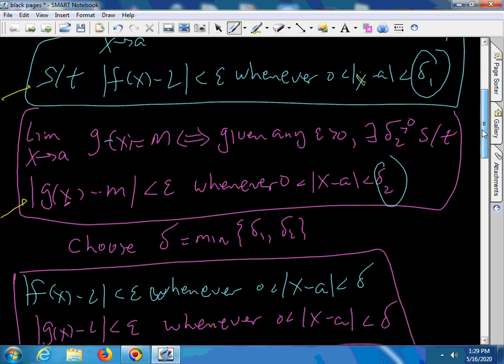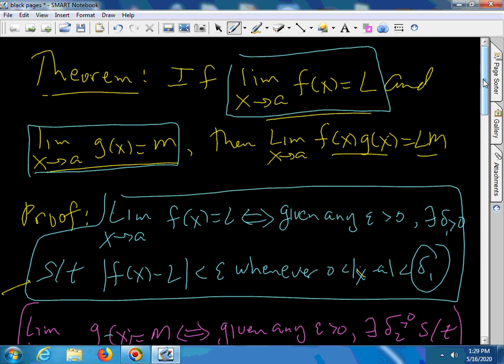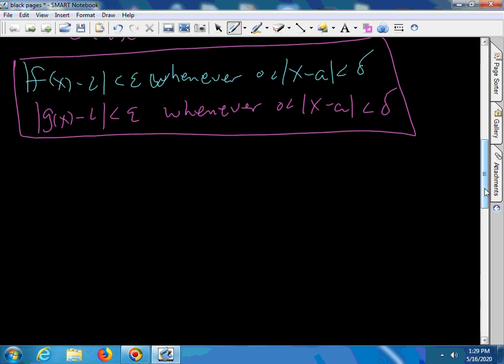Now, we want the absolute value of f of x times g of x minus LM to be less than epsilon whenever this is less than delta. Okay, so let us build that up. So let's see, f of x times g of x minus LM in absolute value.